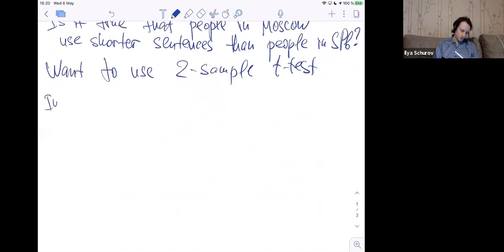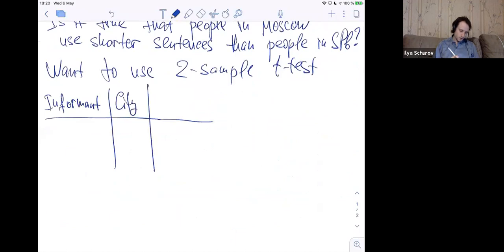We have informant, and we have city, and we have sentence length.